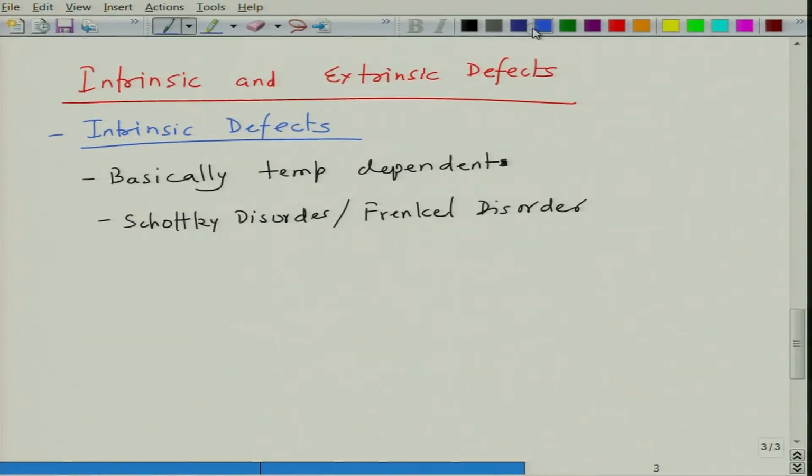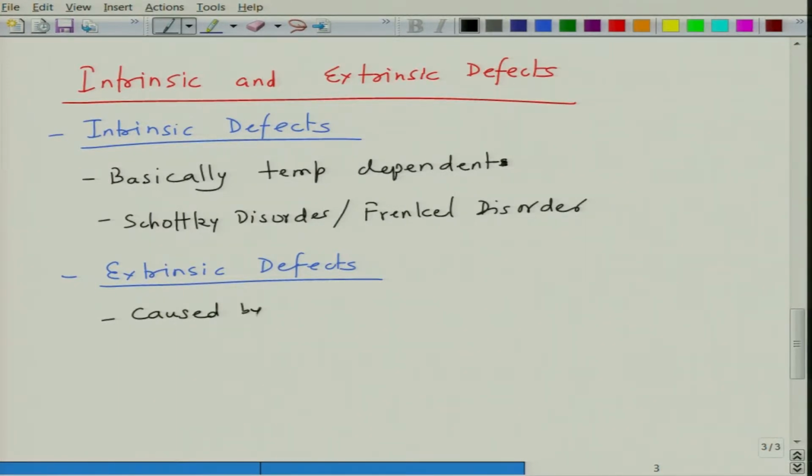And then we have extrinsic defects. These defects are caused by an external factor. And what could this external factor be? It could be impurities.